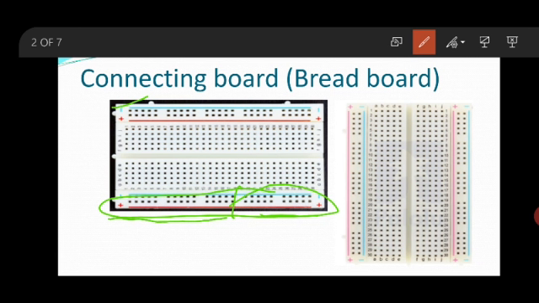When we insert it, we insert it at this position, like this. Each has legs, and the legs will be inserted at the points. If I insert the IC here, you can tap the connection from each column. Each column you can tap and access the connection for the other components. I hope you understood this.